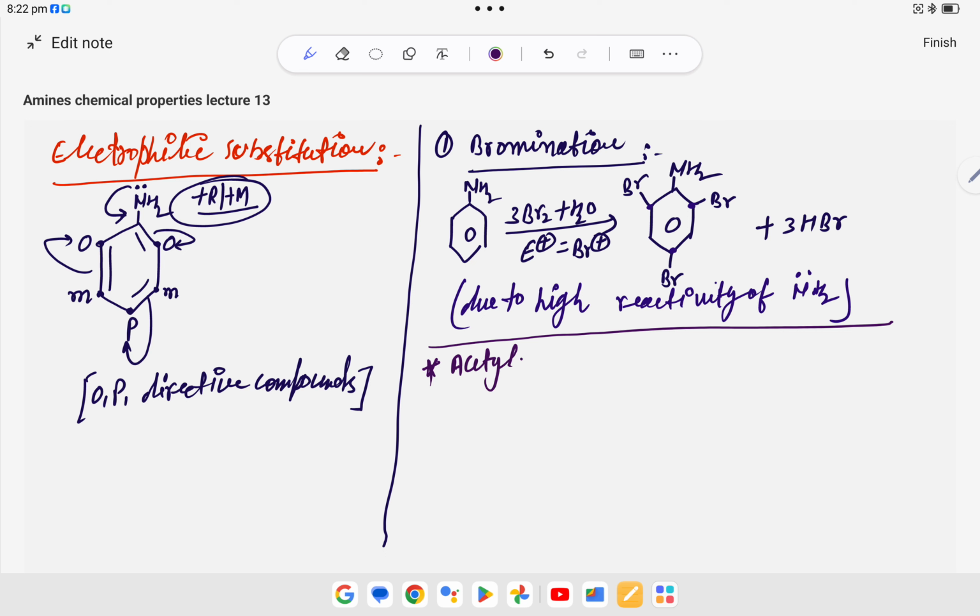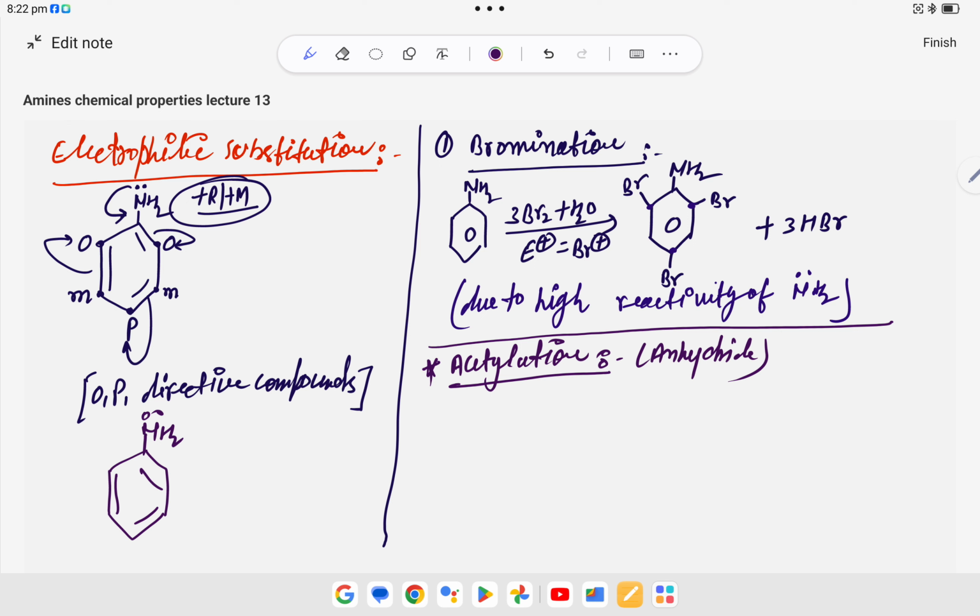We have to perform acetylation with acid anhydride. So children, the concept is, here I am writing, try to understand what I want to explain to you. This is your amine. Because of the lone pair, this aniline is very reactive.